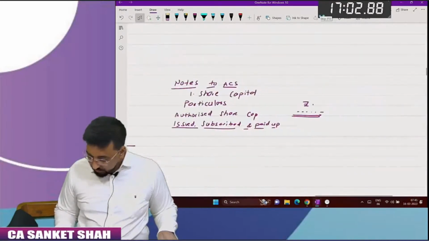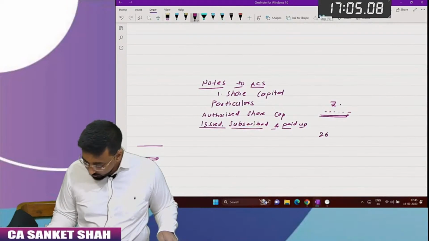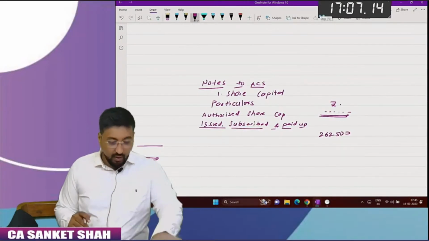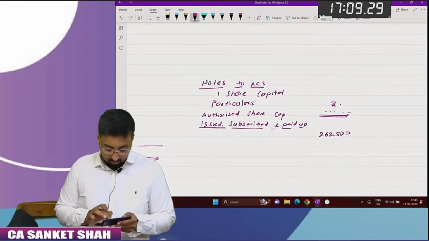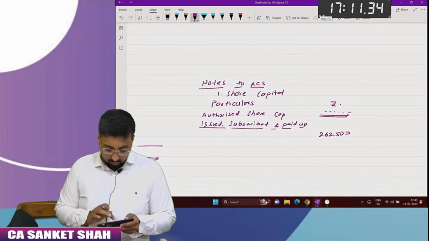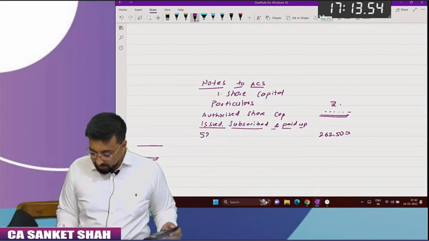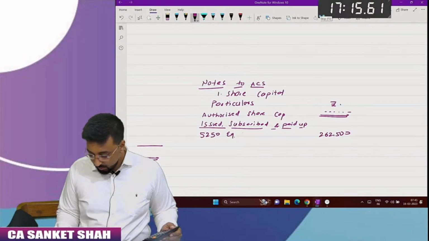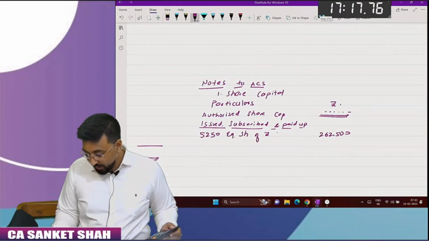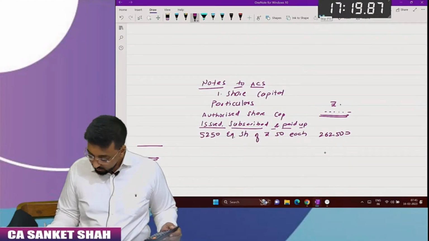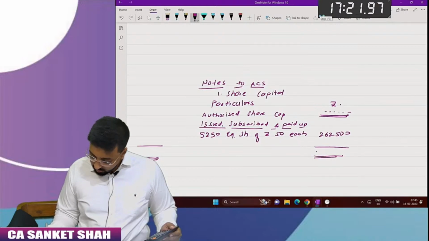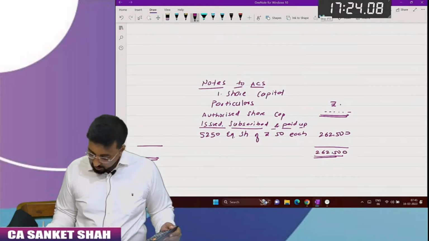So 262,500 divided by 50 is 5250 equity shares of rupees 50 each. Total 2,62,500.